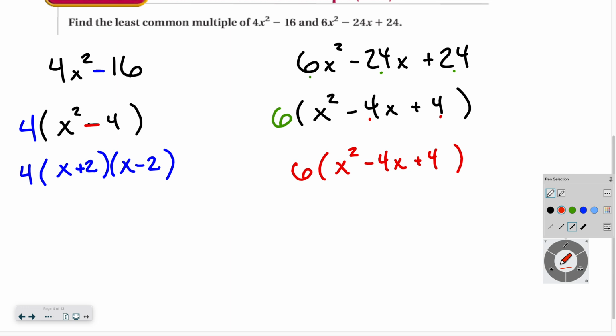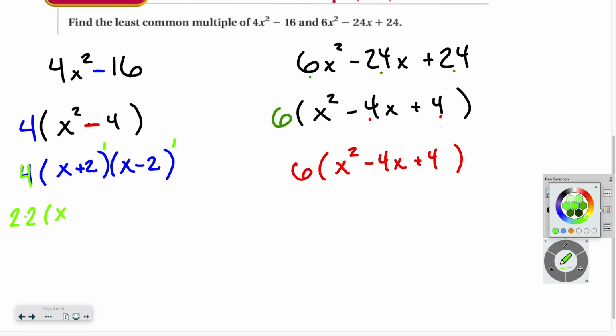And now we're going to look for the least common multiple. This is a kind of, I don't want to say extreme, but it's a unique situation. So I want to look at every factor. My factor of 4 right here is really 2 times 2. I have a factor of x plus 2 to the first and x minus 2 to the first.